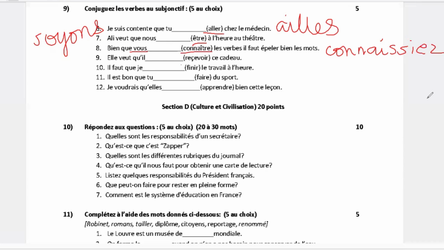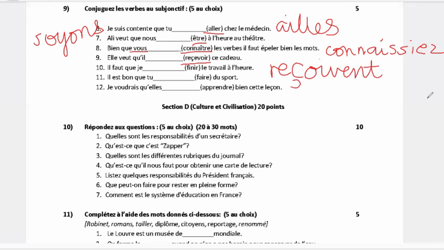Then we have the verb recevoir. Does it come in the irregular verb list? No. Do we have the nu and vu subject to be careful about? No. So let's move on to the third person plural rule. RECOIVENT. Remember, this verb takes a cedilla under the C also.